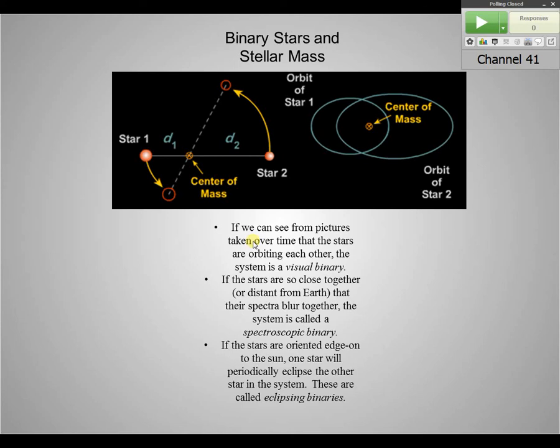So if you've studied physics at all, you could think of this as the balancing point of, say, a fulcrum, right? So you may have learned, if you took a physics class, that a more massive object would have to sit closer to the fulcrum than a less massive object in order for them to balance one another. So the center of mass would be sort of like the fulcrum in that analogy.